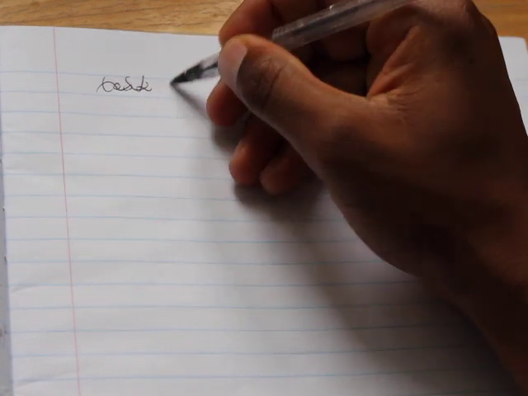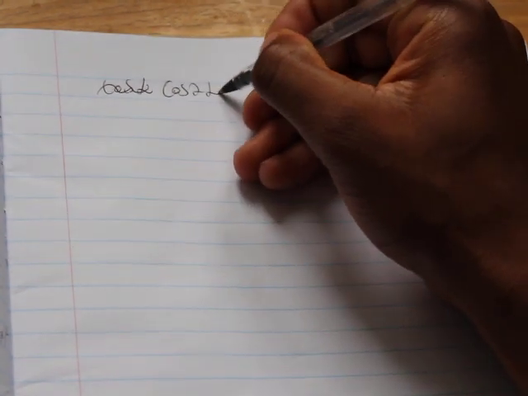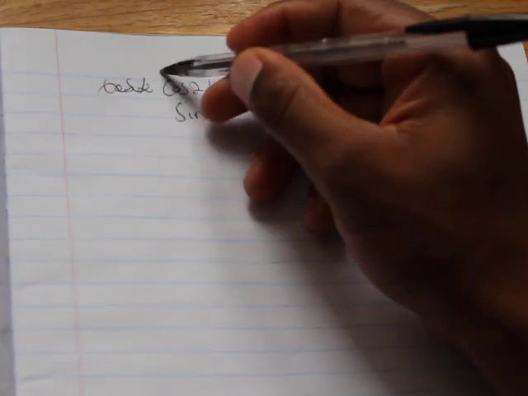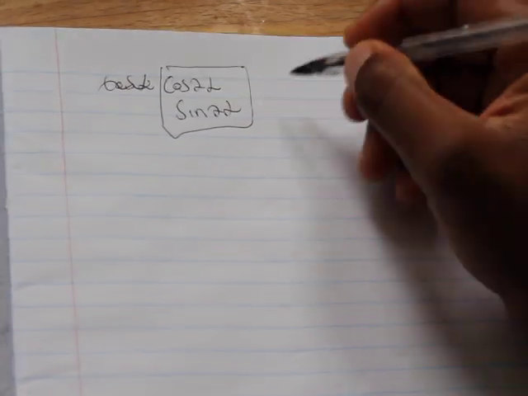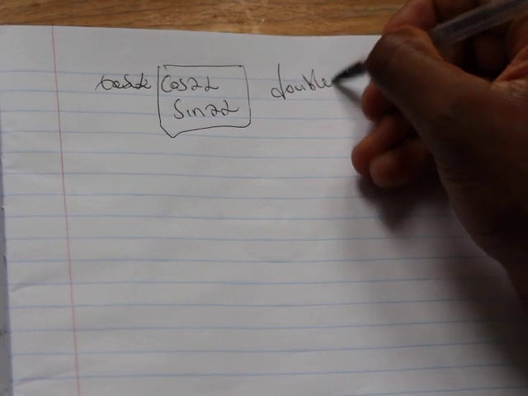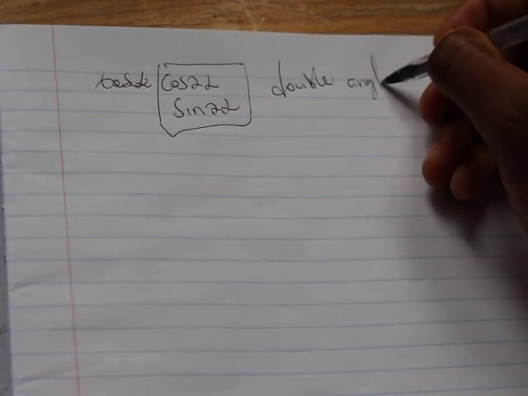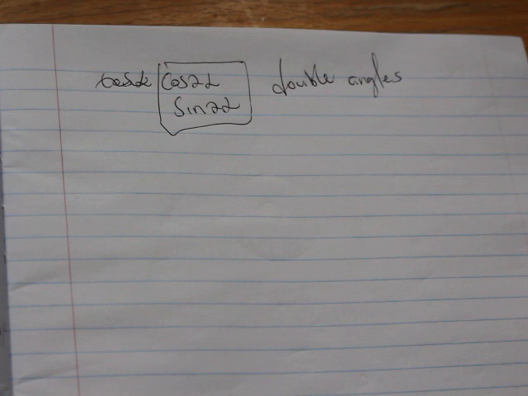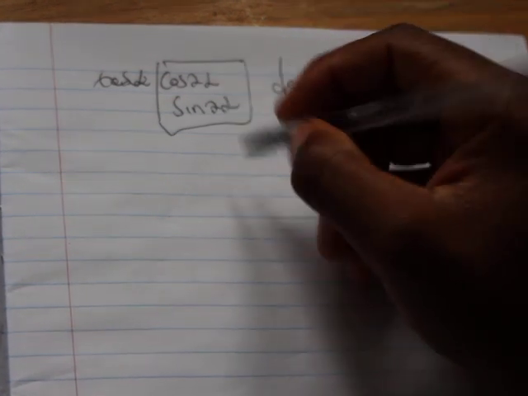So you guys dealt with cosine of 2 alpha, the sine of 2 alpha. So this is double angles, okay? But now we are changing things a little bit.